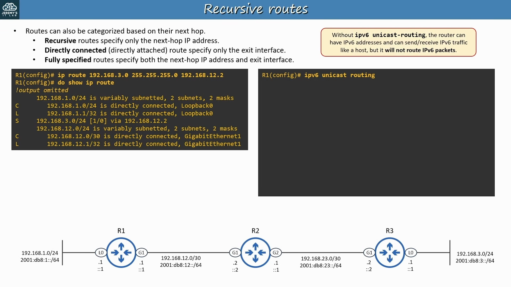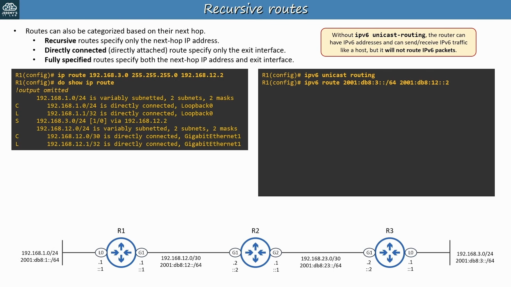Without the ipv6 unicast-routing command, the router can have IPv6 addresses and can send and receive IPv6 traffic like a host, but it will not route IPv6 packets. In other words, it won't pass IPv6 traffic from one interface to another. It functions like an IPv6 host, not an IPv6 router. So you need this command to allow the router to actually route IPv6 packets.